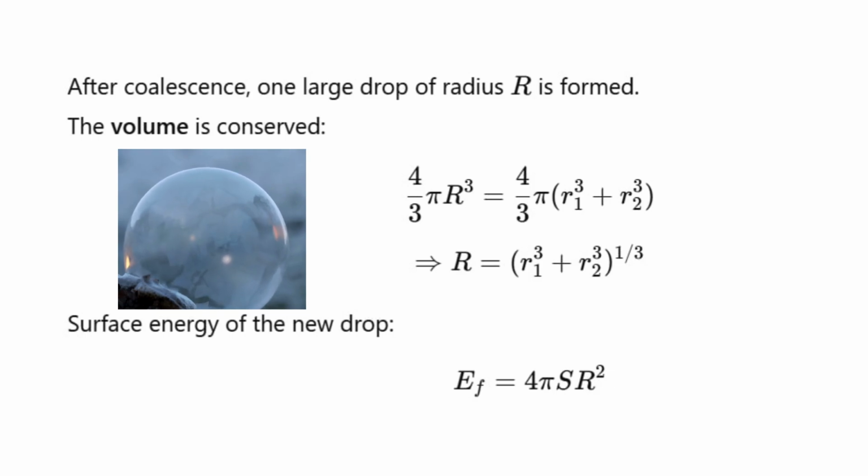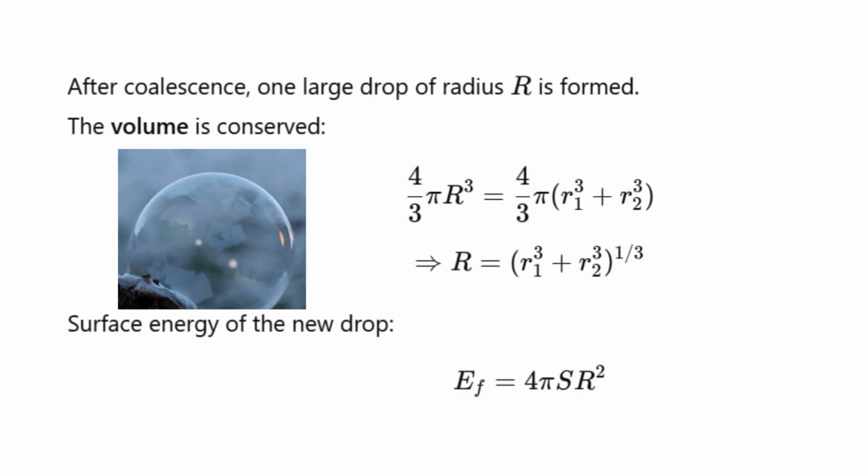That is equal to the sum of the volumes of the individual drops, that is 4 by 3 pi r1 cube plus 4 by 3 pi r2 cube, where 4 by 3 pi is taken as common. Therefore, 4 by 3 pi into r1 cube plus r2 cube.